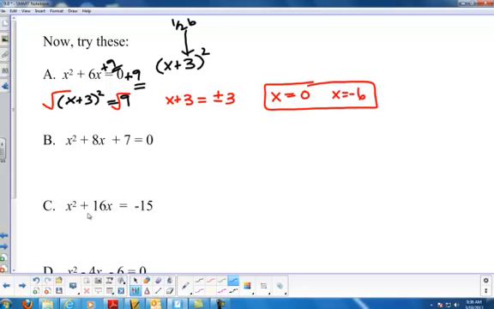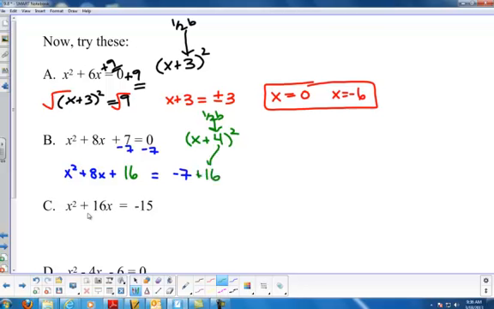Okay. This next one, I'm going to move the 7 over just so I don't have to worry about it. And then I'm going to figure out what I need to add to both sides. So my x squared plus 8x, I know that x plus 4, because that number is always half of b, is going to be my factored form for completing the square. 4 squared is 16. So I need to add 16 to both sides, and I get that by doing 4 squared.